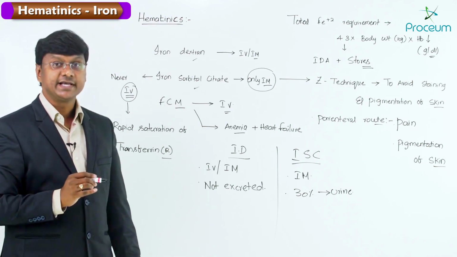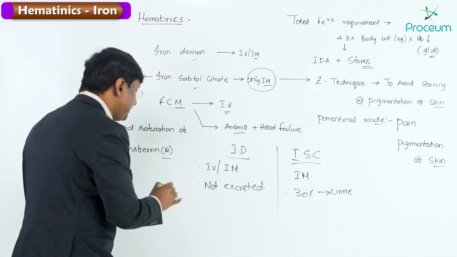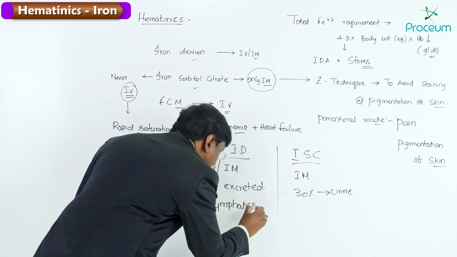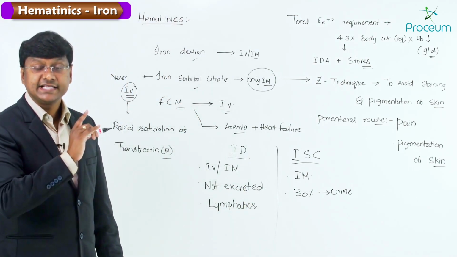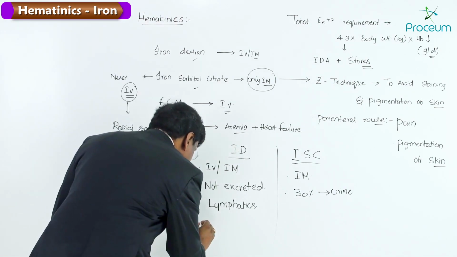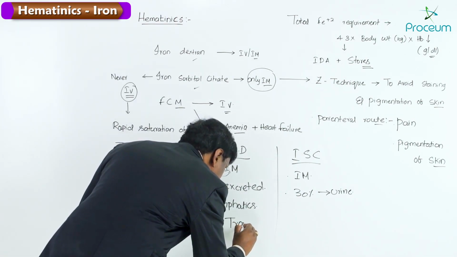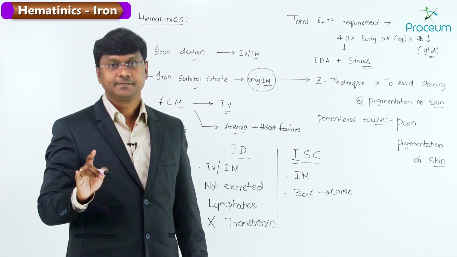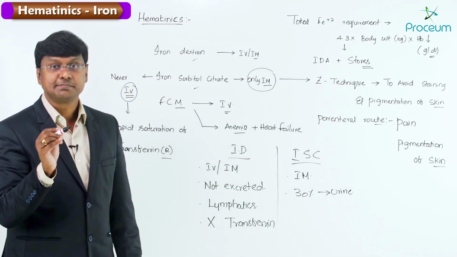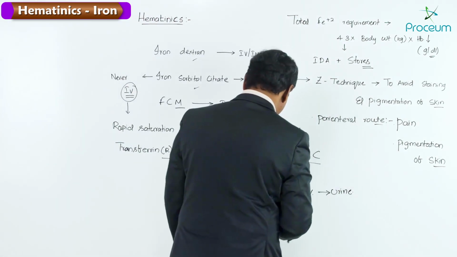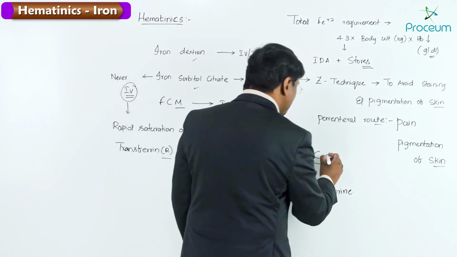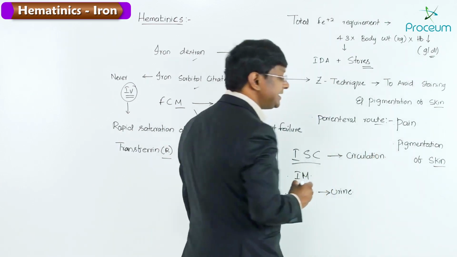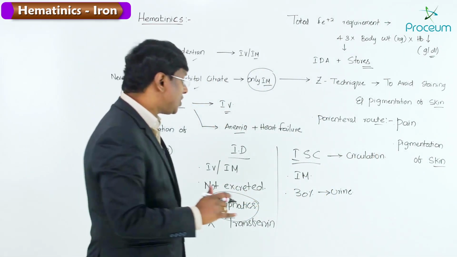Iron dextran is absorbed through the lymphatics and it is not bound to transferrin, whereas iron sorbitol citrate is absorbed directly into the circulation and it is also not bound to transferrin.